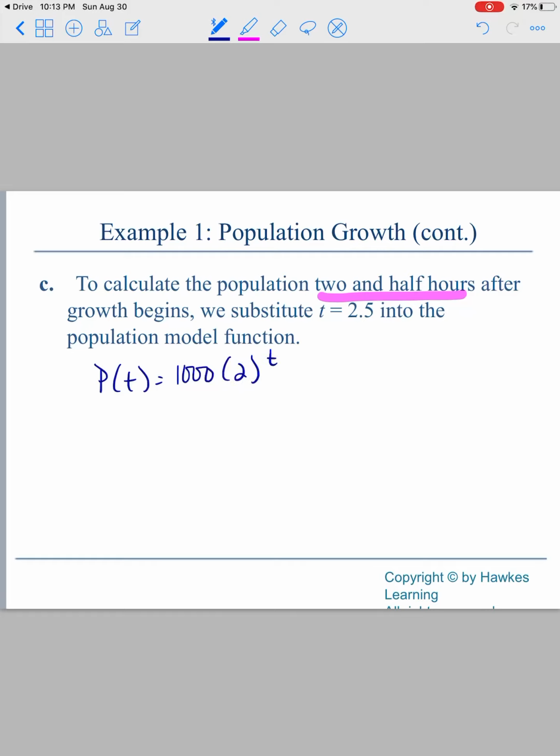This time I know what T is. It's 2.5, so I'm going to plug it into my equation. I want to know this time, what is my population after 2.5 hours? Equals 1,000 times 2 to the 2.5.